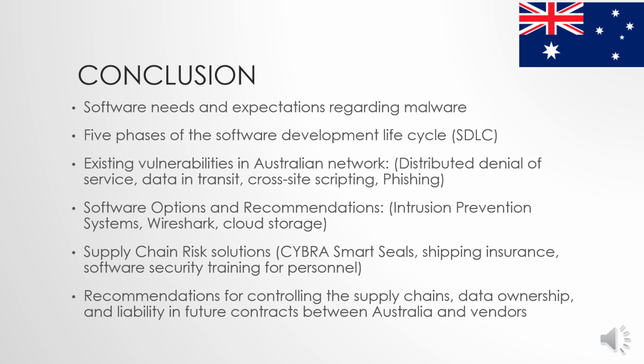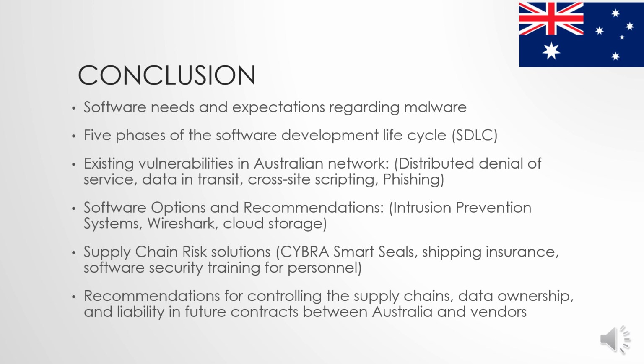These were acquirer capabilities, supplier capabilities, product security, product logistics, and operational product control. Existing vulnerabilities in the Australian Computer Network are distributed denial of service attacks, data in transit or man-in-the-middle attacks, malware attacks to include the Reviton ransomware virus, cross-site scripting, and phishing attacks.